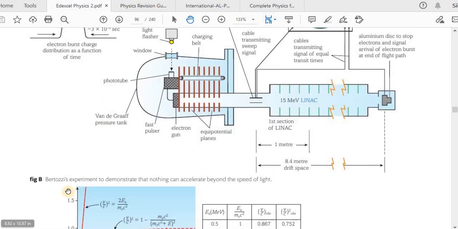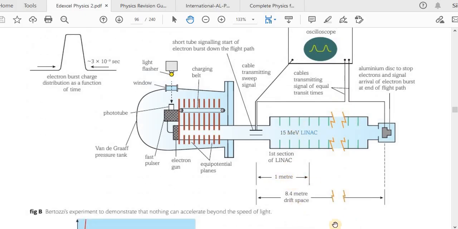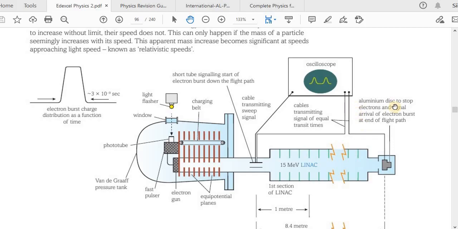Now here we will see Bertozzi's experiment to demonstrate that nothing can accelerate beyond the speed of light. So here, 1 meter, 8.4 meter drift space, one section of Linac. 15 mega electron volts Linac. Then oscilloscope, aluminium disc to stop electrons and signal arrival of electron burst at end of flight path.